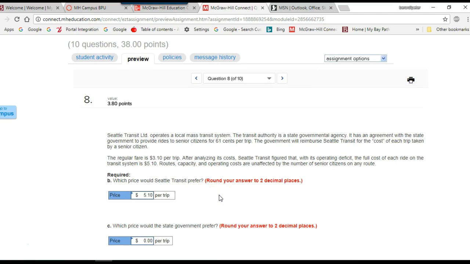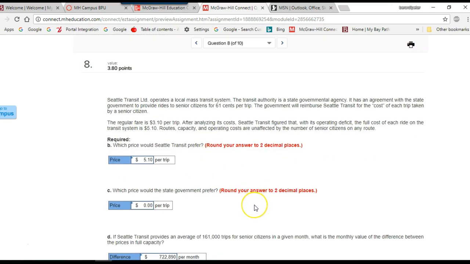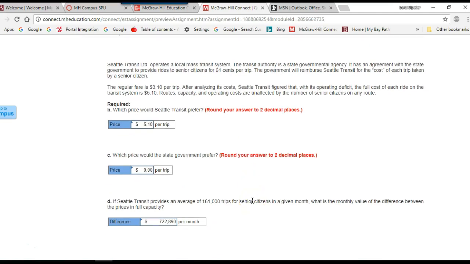The highest price, $5.10 per trip. Which price would the state prefer? It's the lowest price, which is 0 reimbursement. And if transit provides an average of 161,000 trips, what is the monthly value of the difference between the prices and full capacity?